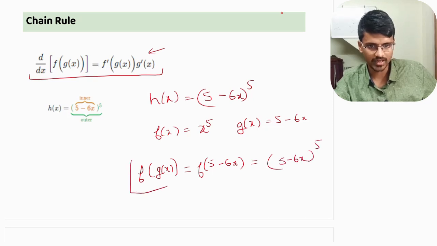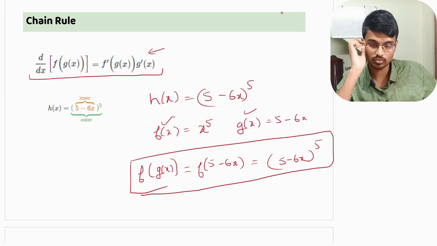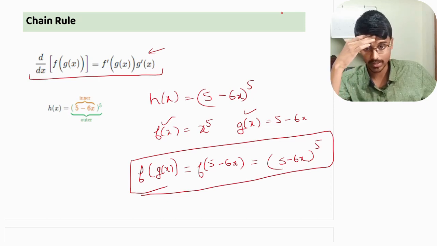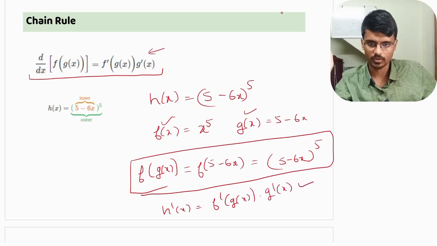So I have tried to express this as a composite function, f of x and g of x. So the two functions here are f of x and g of x, right? So the differentiation of this kind of function, h dash of x, is nothing but f dash of g of x times g dash of x.